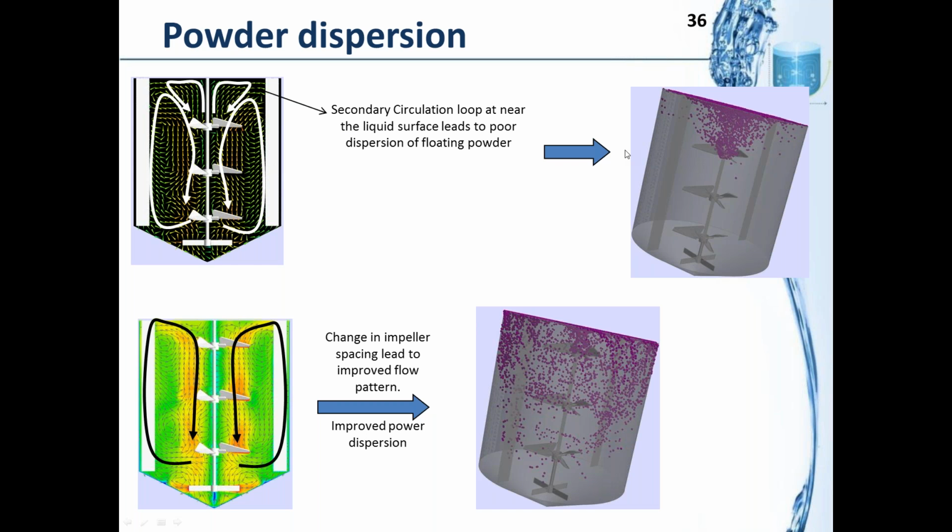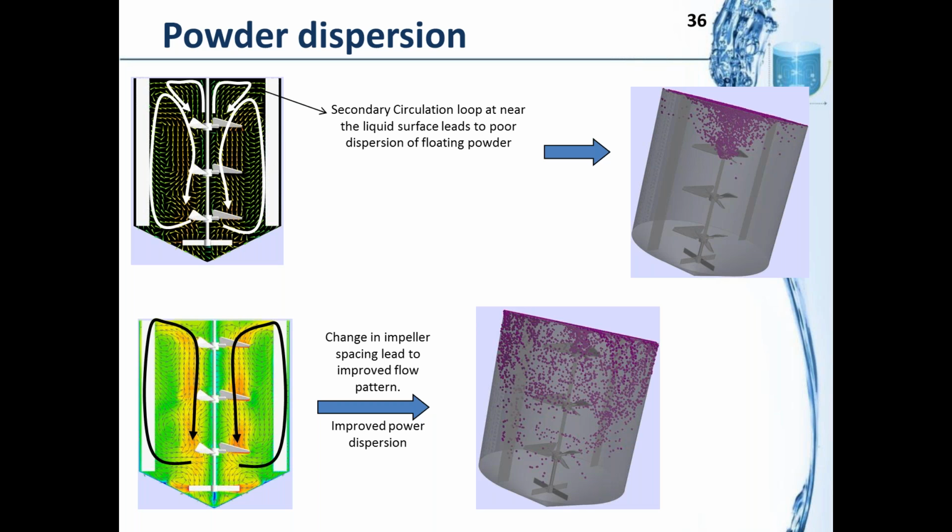It was added at the top, and because of the flow pattern, with the recirculation loop forming above the top impeller, the particles were not getting uniformly distributed. However, changing the impeller locations, getting the complete circulation loop and avoiding this top recirculation loop, can help us distribute the powder very well into the mixing tank.